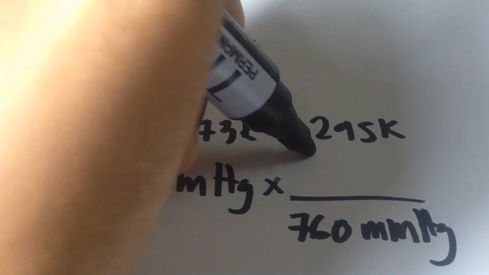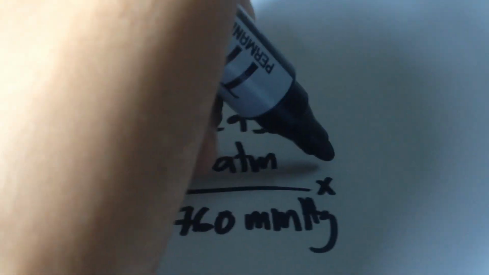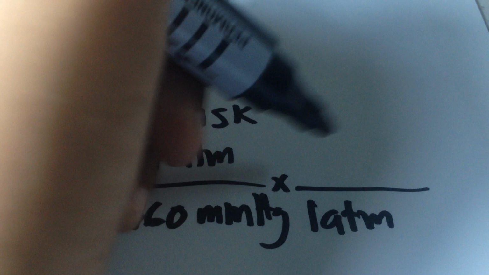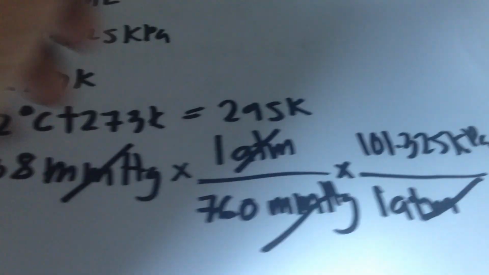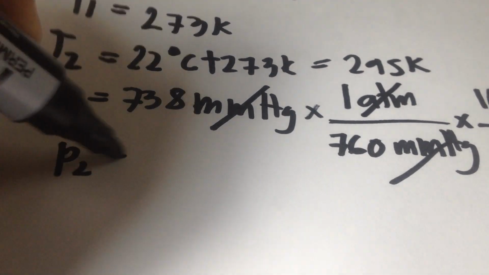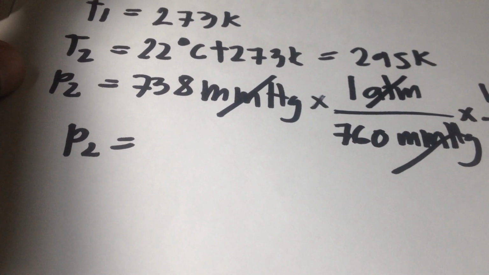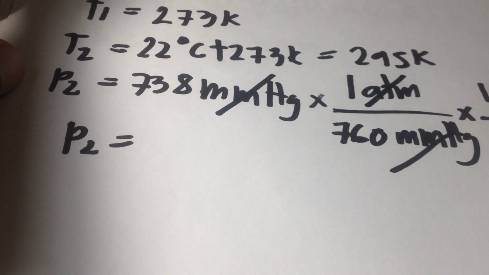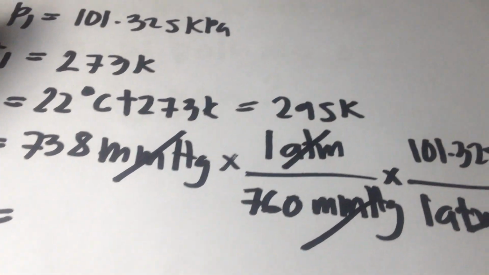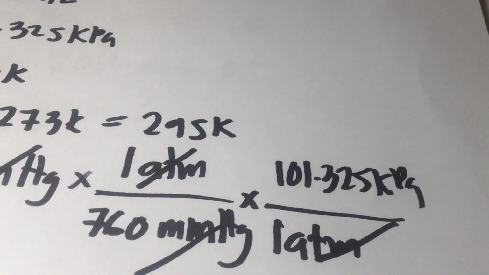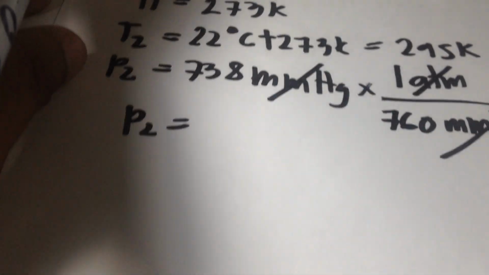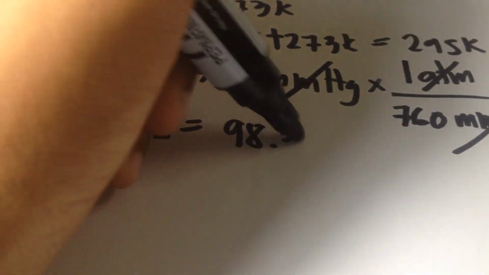From 760 millimeters mercury equals 1 atm, times 101.325 kilopascal per 1 atm, so millimeters mercury and atm cancel out. So pressure 2 is equal to 738 divided by 760 times 101.325 kilopascal, which is 98.39 kilopascal.